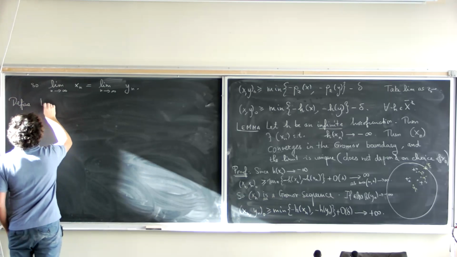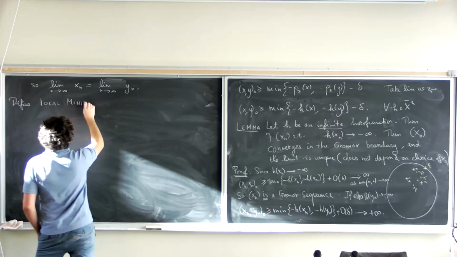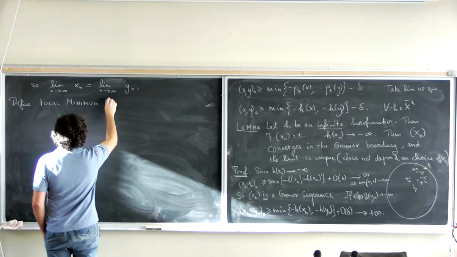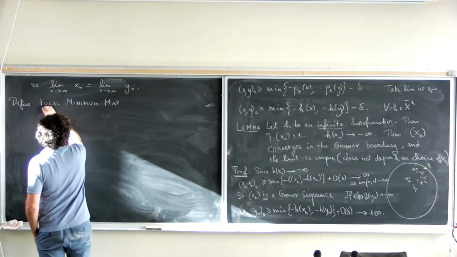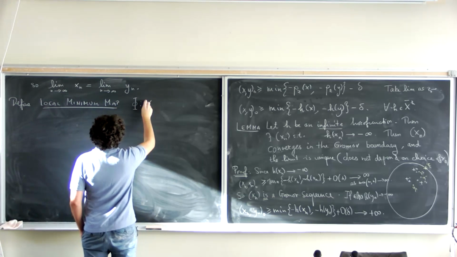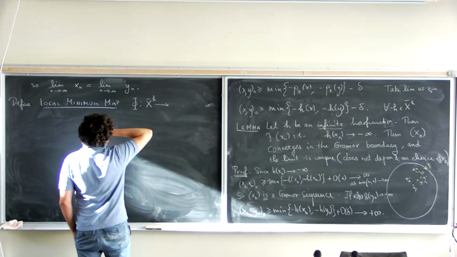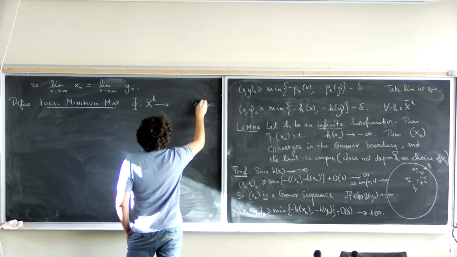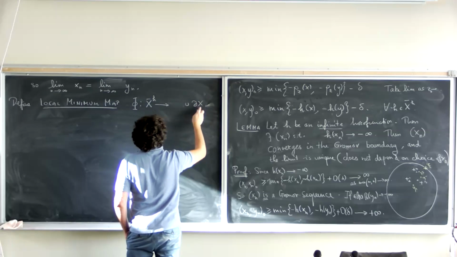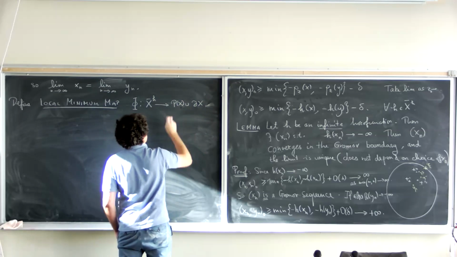The local minimum map. This is a function from the horofunction boundary to, basically it's either in the boundary or not quite X, it's like a subset of X if you want.